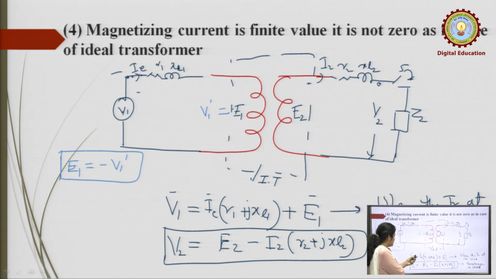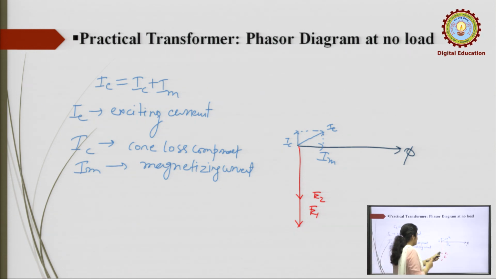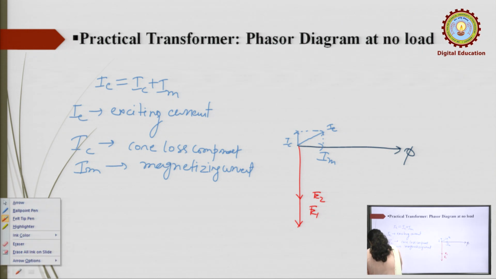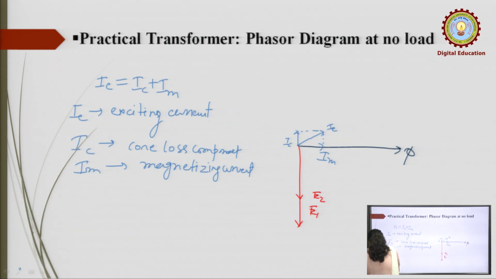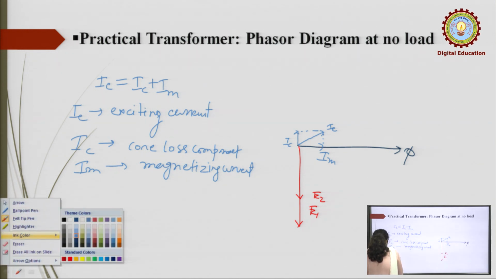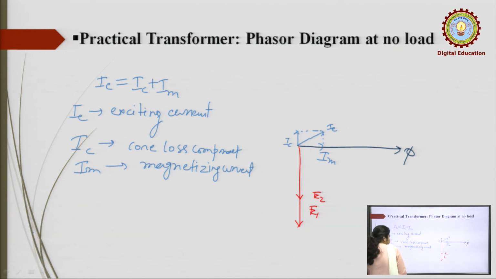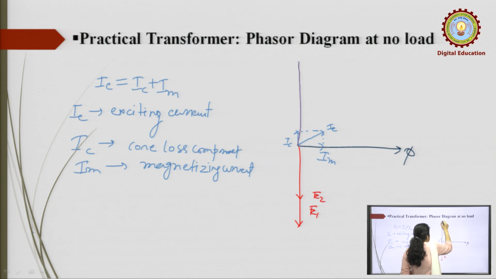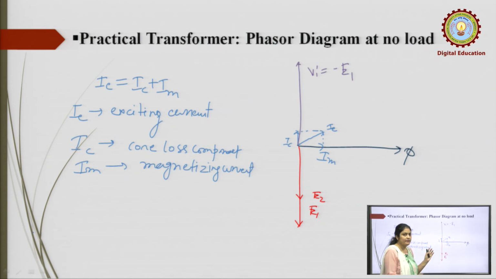Take the phasor opposite to E1; suppose one phasor is V1 dash and it is equal to minus E1, because you have to draw the phasor diagram now in the primary side.